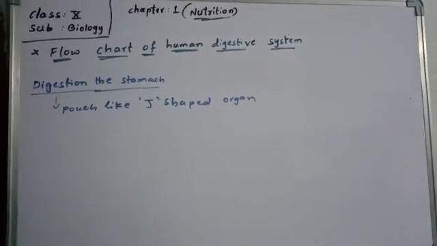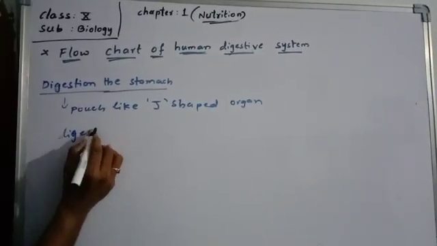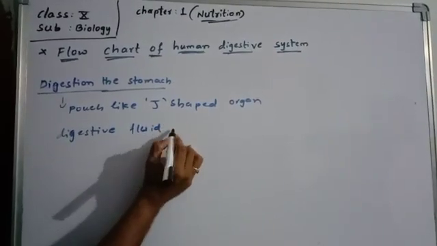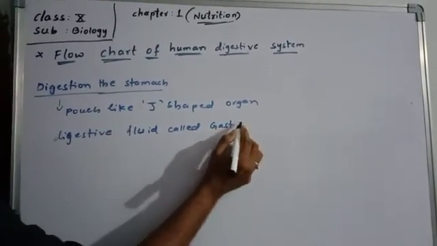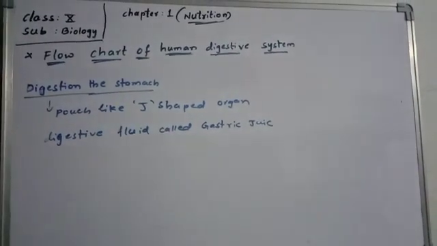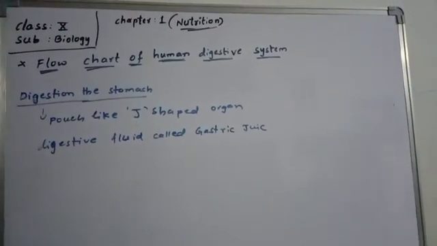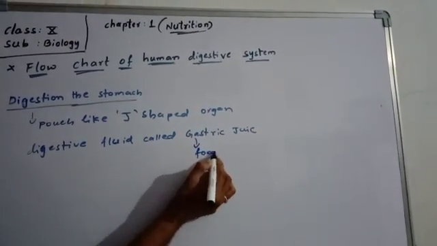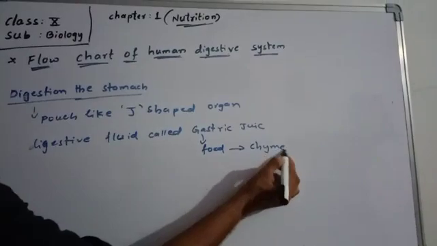Gastric juice is mixed with food to make chyme.